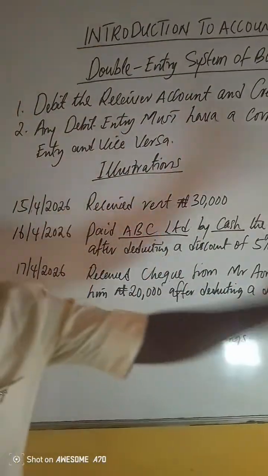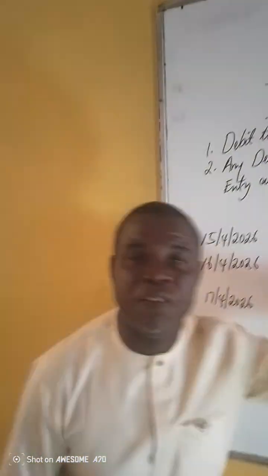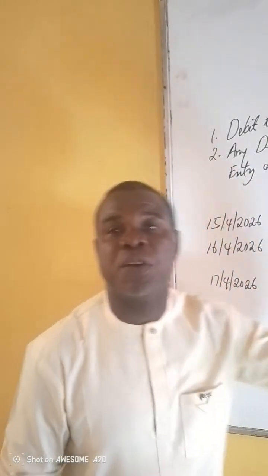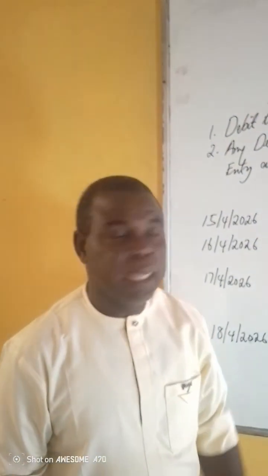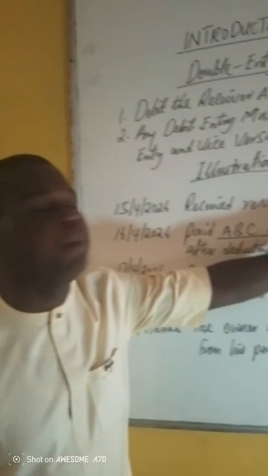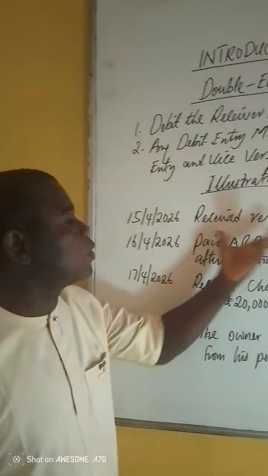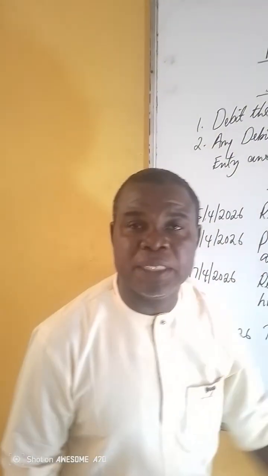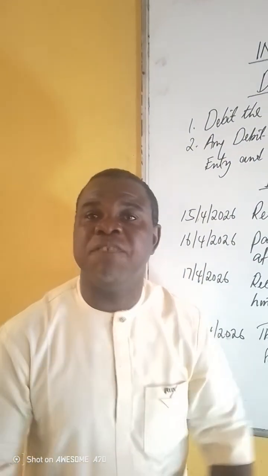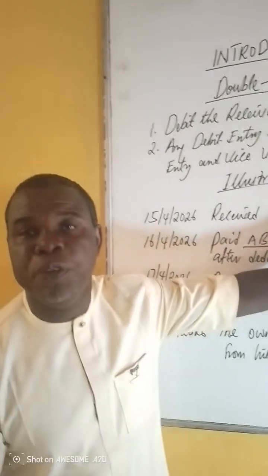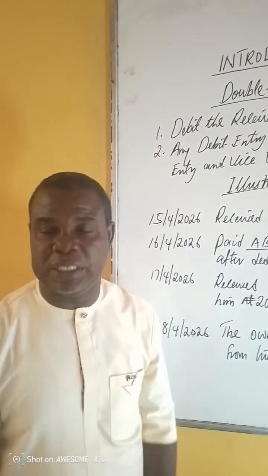The rent becomes the giver account because rent is giving the business money and the business is receiving cash from the rent that was given out. Cash is not mentioned here, but it is cash. Why? Because if rent is received by the business, then it means the rent was received by cash. So cash must not be mentioned before you use cash as the receiver account.